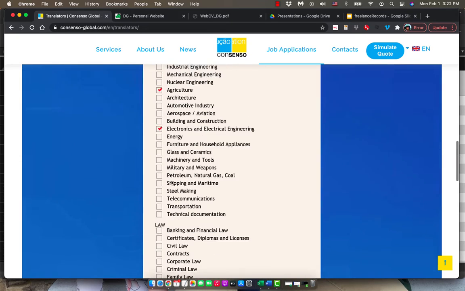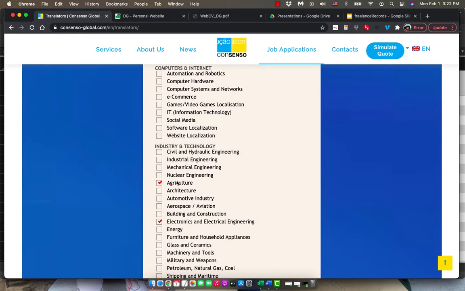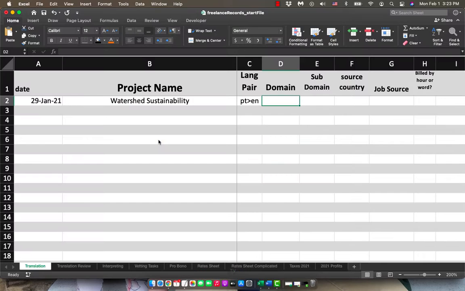Domain, this is what we were talking about when we were looking at companies like to know which domains you have experience in. For example, me, I have a lot of experience in aerospace. And it doesn't matter how you write the domain in here as long as it's consistent across every project you'll ever have.